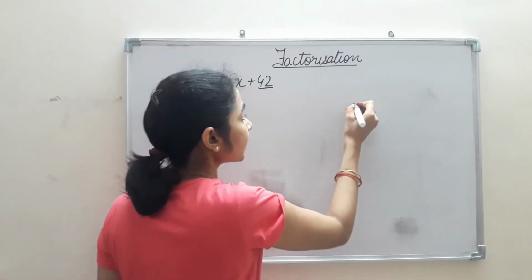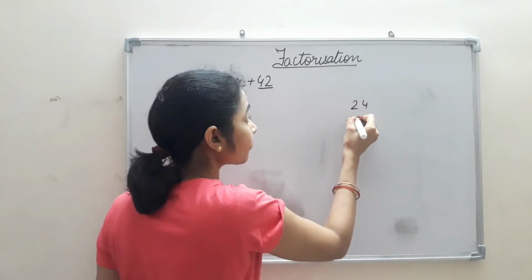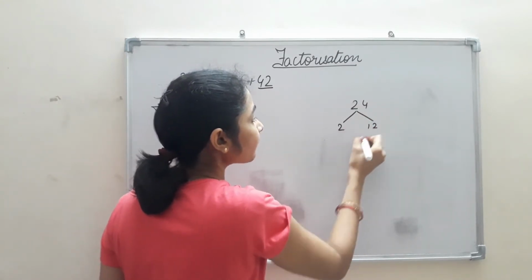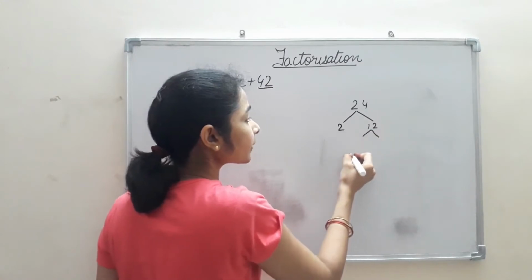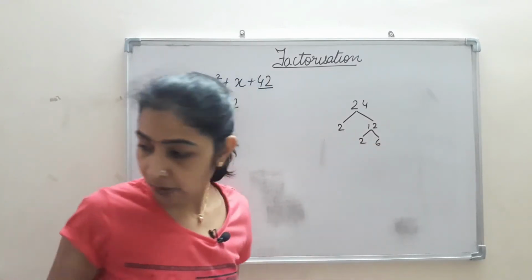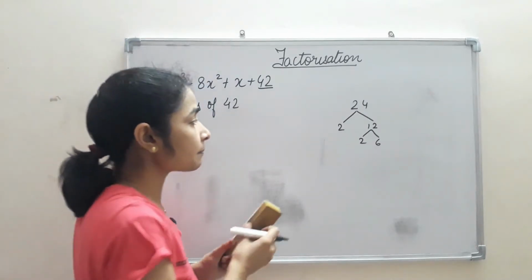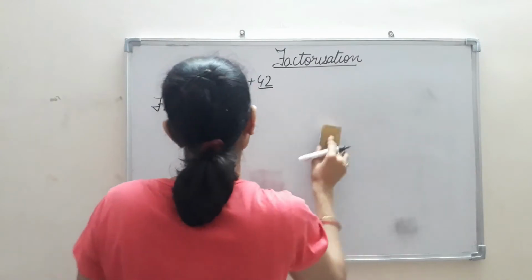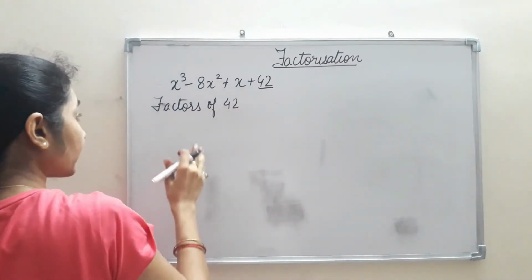Suppose we are given 24, first we divide it by 2, and 2 and 12 are the factors, then we find the factors of 12, like 2 and 6, and then the factors of 6. Like this we used to find factors of simple numbers in the form of a factor tree. In the same way we will find the factors here also.